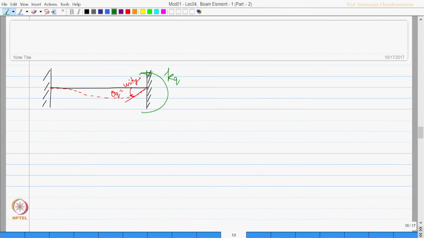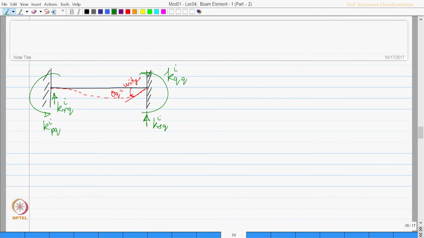K QQI, K PQI, K RQI and K SQI. You can note down the second subscript in all coefficients is Q, which implies that we have given unit rotation at qth degree of freedom.